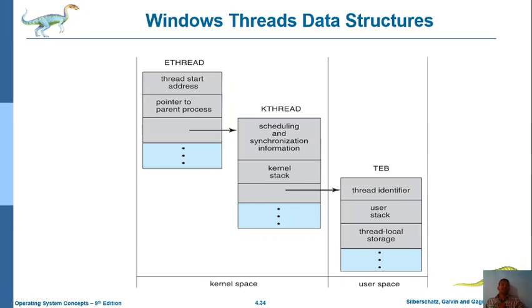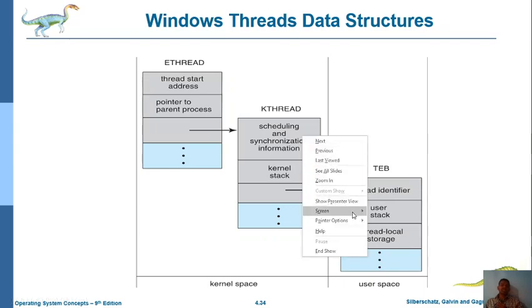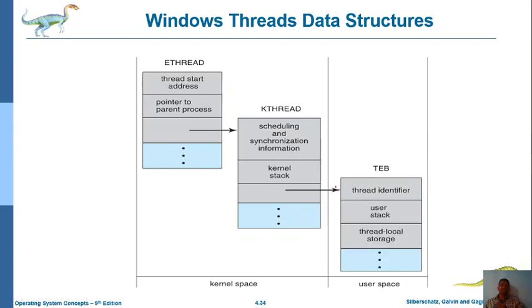The K thread is responsible for scheduling and synchronization. That is the major responsibility of the K thread. After that it stores the related information in the kernel stack, and then sends the reference to the thread environment block.